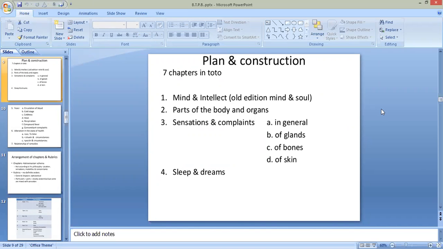Dr. Allen added 220 remedies and subtracted 4 remedies. So now, whatever edition we have, about 342 remedies. So in Allen's edition, the American edition, we have 342 remedies.